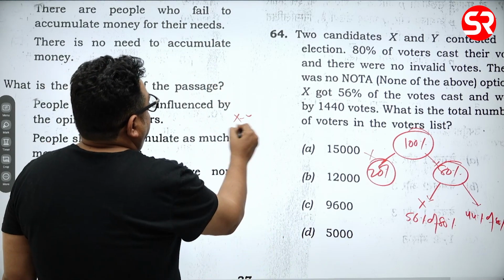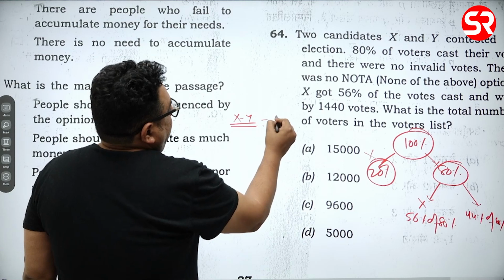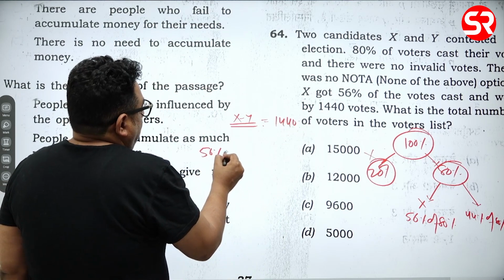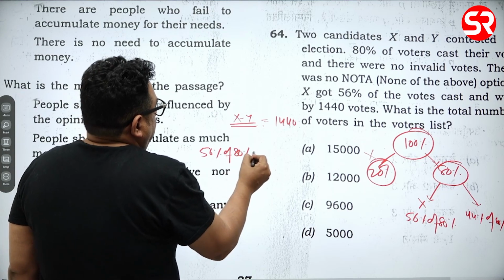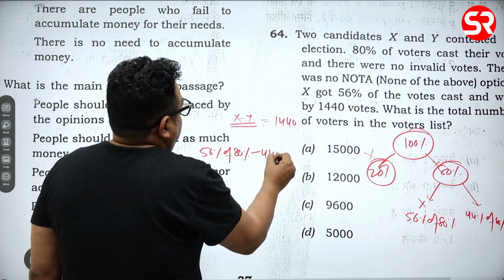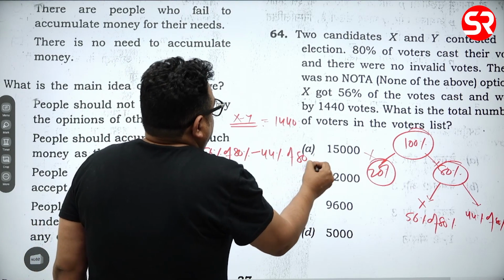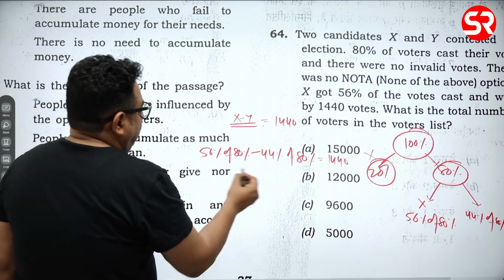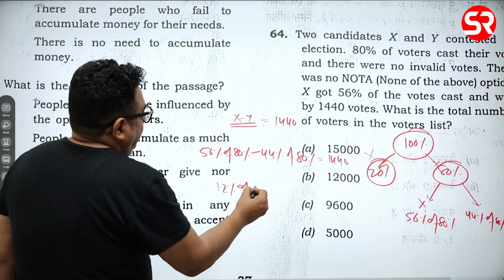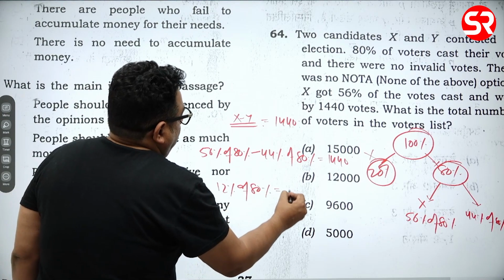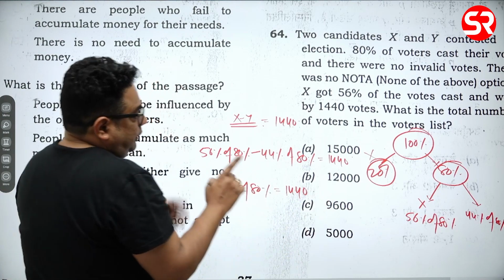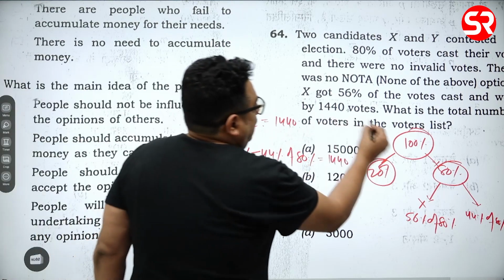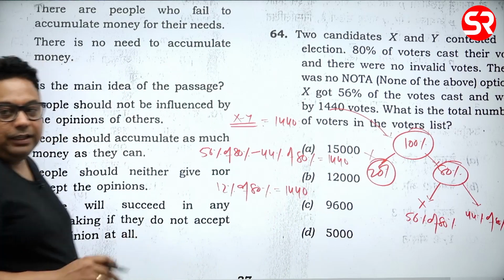X minus Y, the difference between them is given as 1440, which means 56% of 80% minus 44% of 80% is equal to 1440, which basically means 12% of 80% is equal to 1440. And what was the question? What is the total number of voters in the voting list? He is asking about 100%.